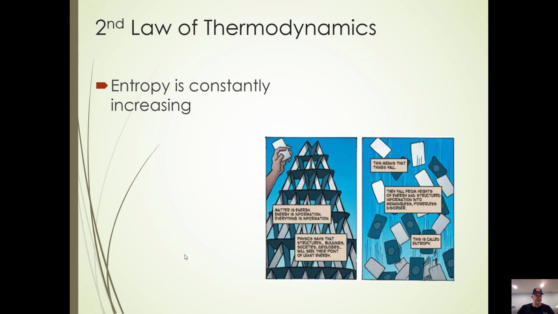And that's very difficult because one of the traits of living systems is that they're highly organized. As living things, we don't like this idea that entropy is constantly increasing, because that means we're at odds with entropy. We need to do our best to stay as organized as possible.